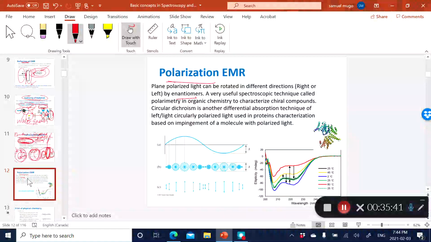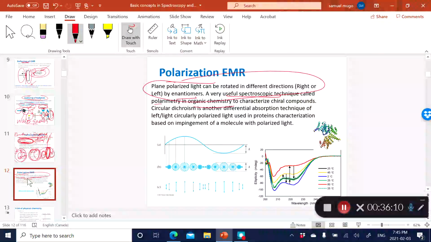And so based on that, you can differentiate what type of enantiomer or what type of chiral molecule is actually present. So it's a very important technique in organic chemistry, polarimetry, when you're trying to differentiate two types of enantiomers, whether it rotates plane polarized light to the left or the right.